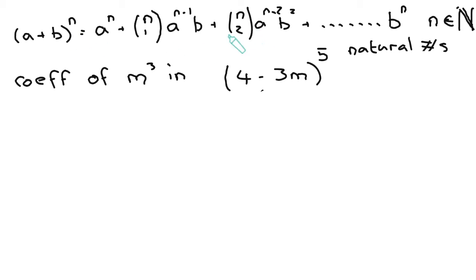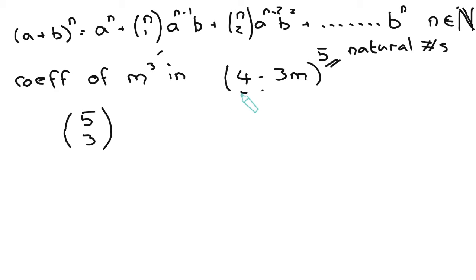Well, all we have to do is apply this. So what's our value of n? 5. What's our value of r? 3. Okay, so our expansion here says we're looking for 5C3, and then we've got a squared.